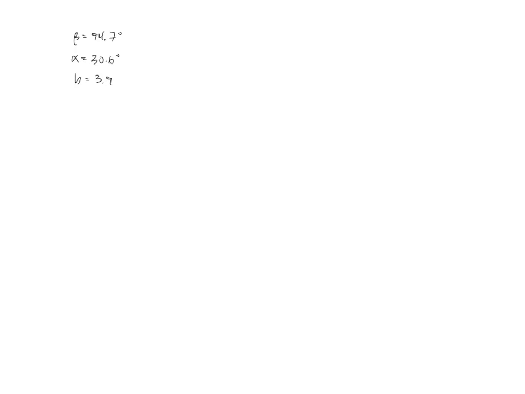All right, so in this first example, we're solving the triangle. We're given beta, alpha, and b, and that means it's up to us to find gamma, a, and c, the three missing parts. Now, it's easiest to find gamma in this case, since you're given two angles already.